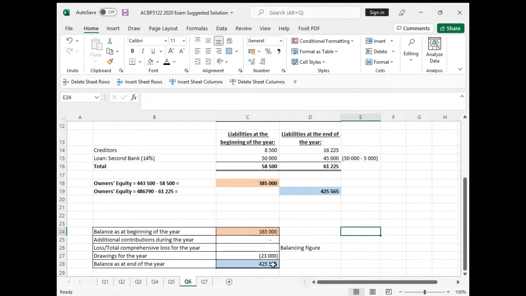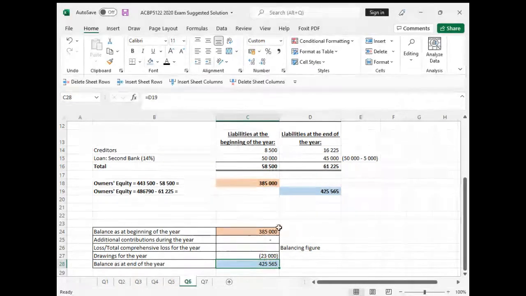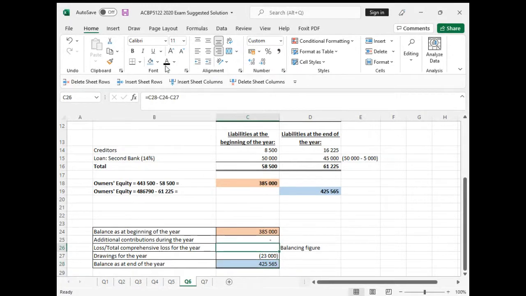So what we do, you can do it one of two ways. So you can either take the 425,000, you add the 23,000, deduct the 385, or you can take the 385, deduct the 28, deduct the 425, and then you would get to the amount. So the profit for the year, or the profit, let me just make sure I've calculated correctly.